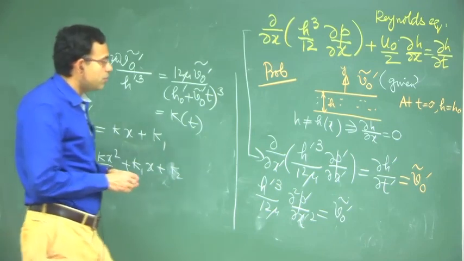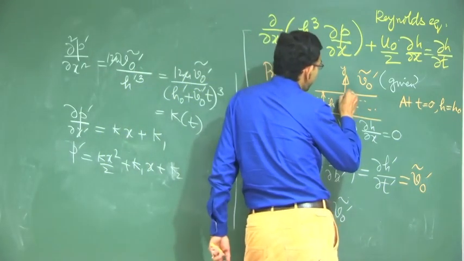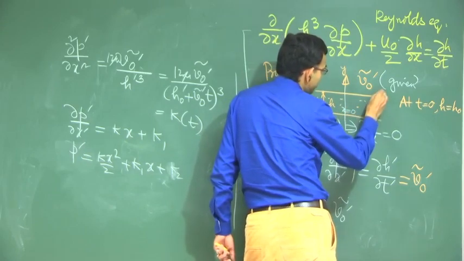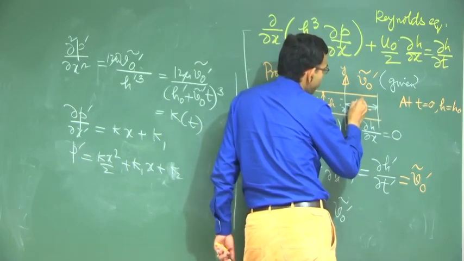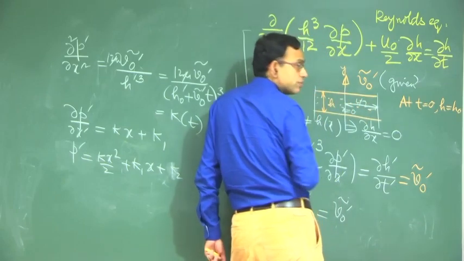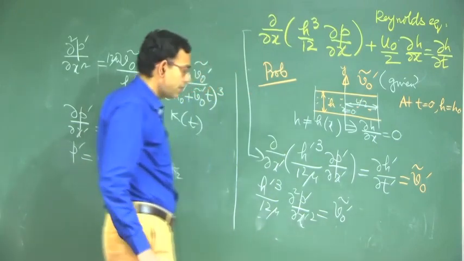So, now the boundary condition is that we can set up a central axis and this we say as x equal to 0, this is L by 2 and this is another L by 2, okay.